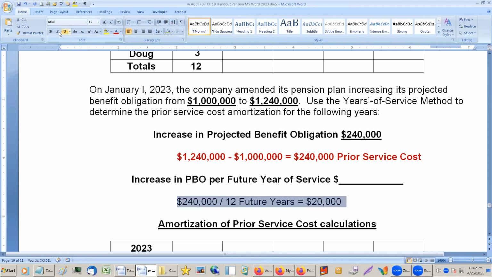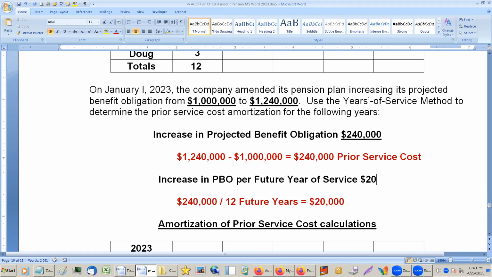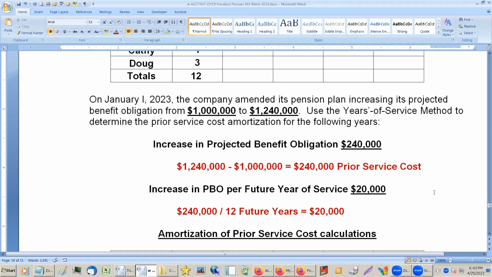Let me fix that one up. Okay, so for each of their prior service years, we're basically going to be amortizing $20,000. Okay.